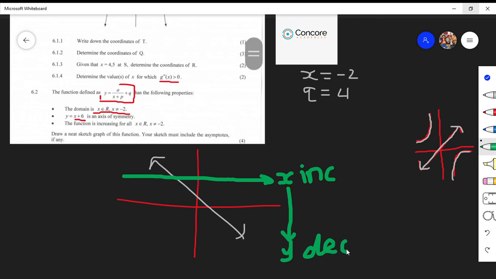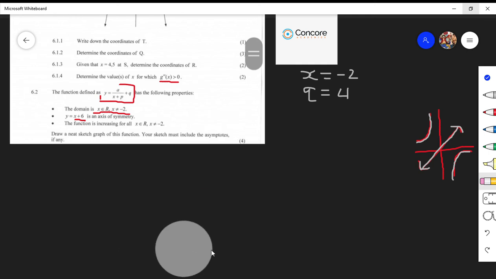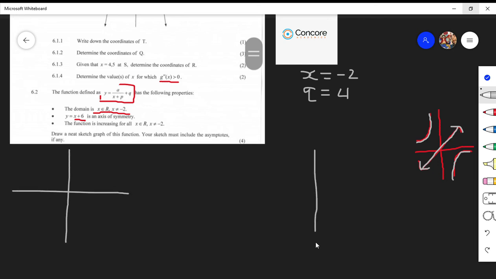So because x values are increasing and y values are decreasing, this is known as a decreasing function. But if both the x and y values were increasing, it would be known as an increasing function. Let's do increasing and decreasing functions for hyperbolic functions, since that is what we're dealing with, and then we can get back to the question. So you've got your axis of symmetry. Got your function.